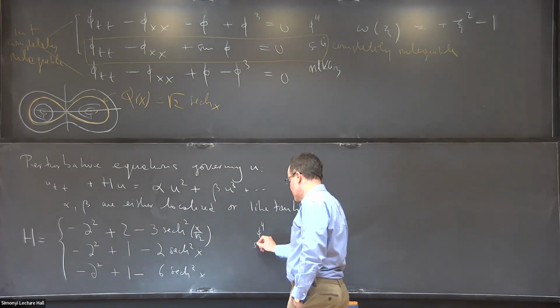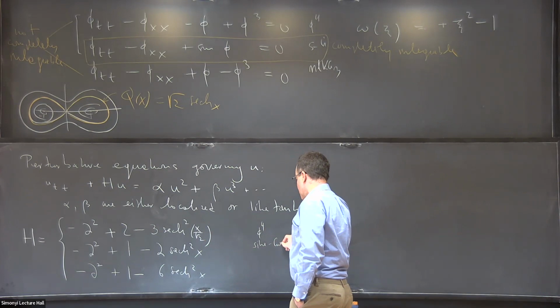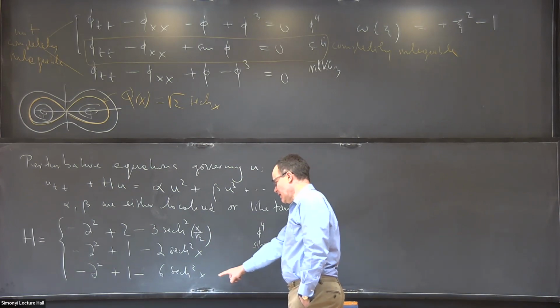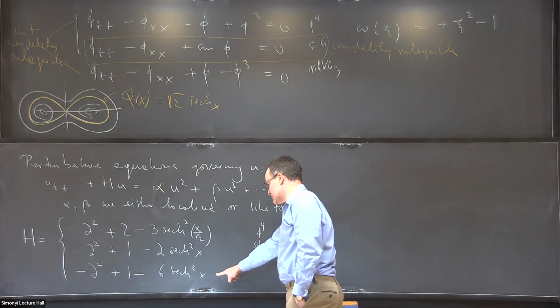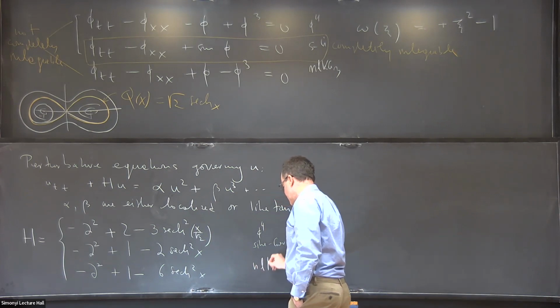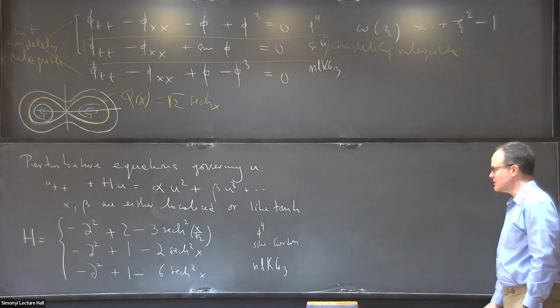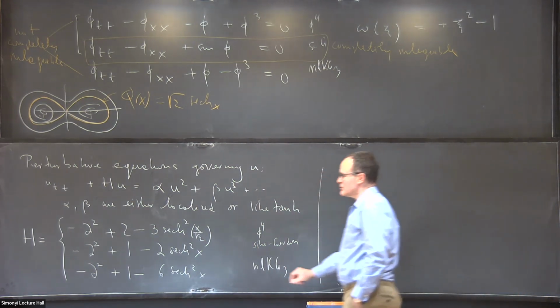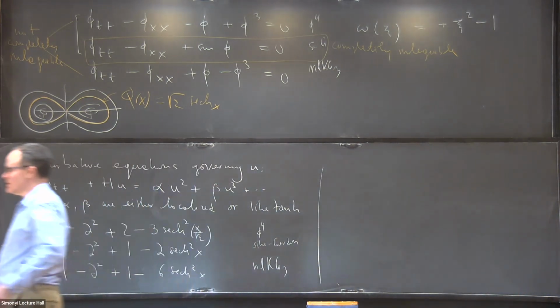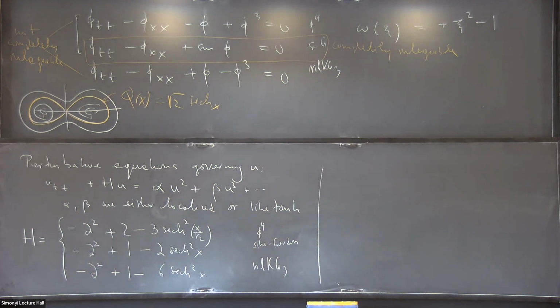This is sine-Gordon. And this is NLKG3, nonlinear cubic Klein-Gordon. If you want to study the stability question, I didn't even say what I mean by this. Of course, the most natural thing to look at is the energy class.